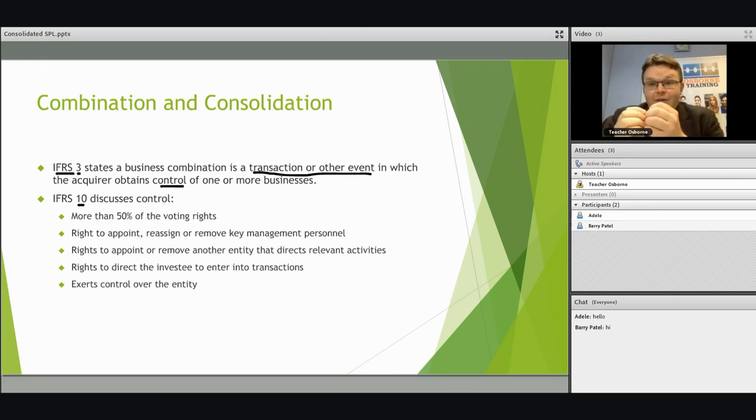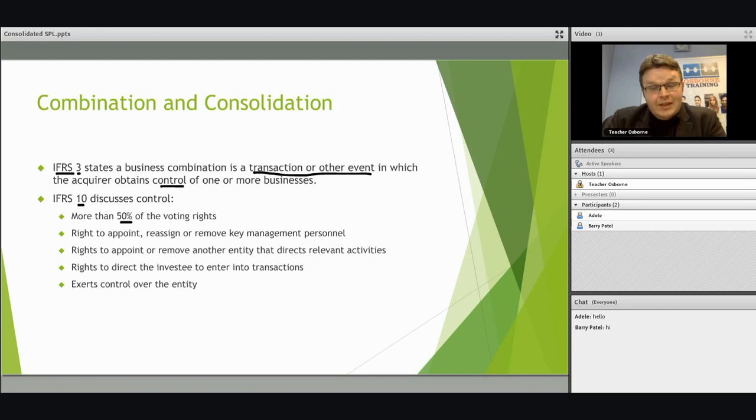IFRS 3 talks about control, and IFRS 10 discusses what control actually means. The easiest one is that if you've got 50% of the voting rights in the company, you've got control. But that's not the only thing. A lot of students, if I ask them how you gain control of the business, say you get 50% or more of the shares.